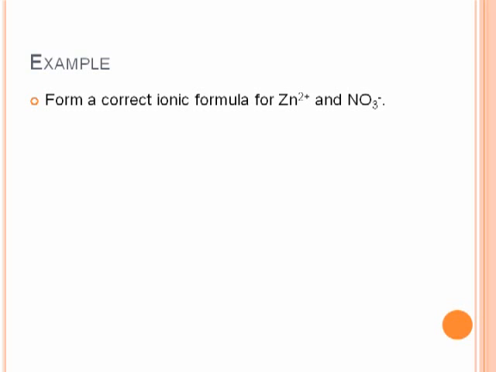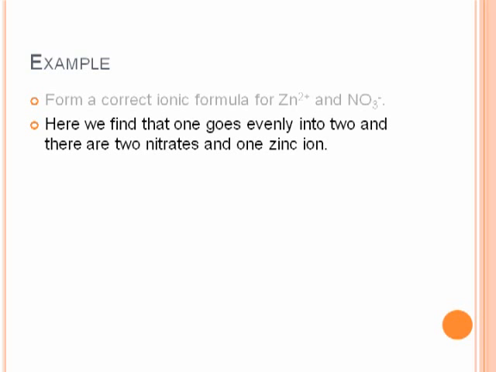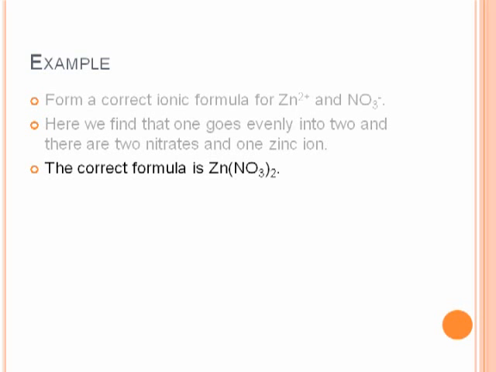Now, if we have zinc +2 and nitrate, a polyatomic ion with a -1 charge, we find that -1 goes evenly into 2, and so we have 2 nitrates and 1 zinc ion. Again, the cation's written first, so the correct formula would be Zn, and then since nitrate's a polyatomic ion, we put it in parentheses and then put a 2 on the outside.